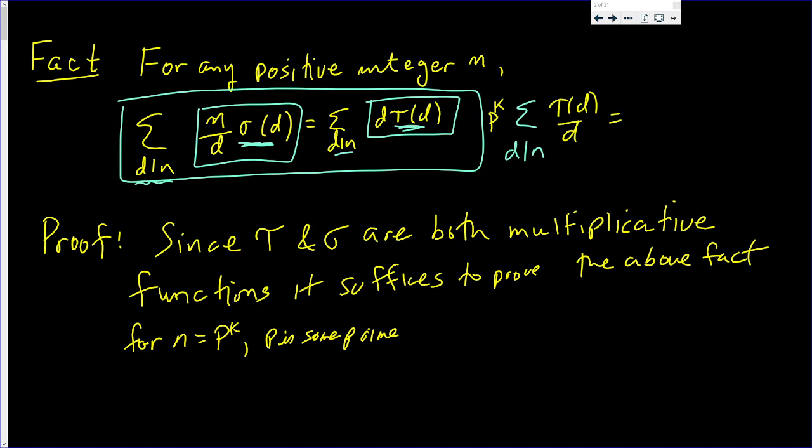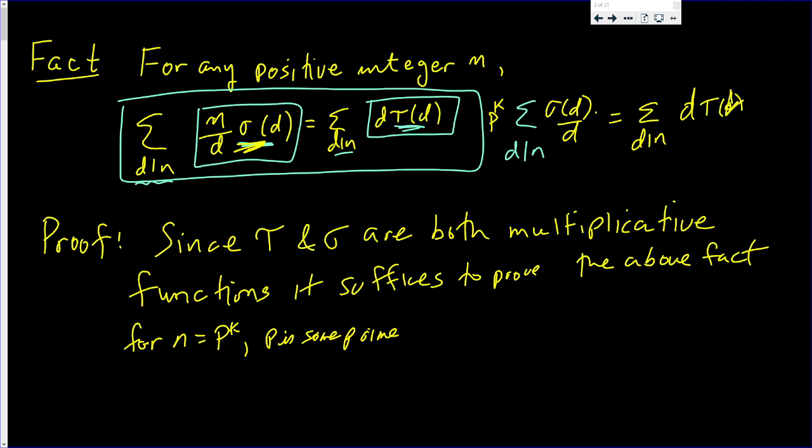And this is going to equal the summation of d times, that should be sigma, I apologize, it always was sigma. Says so right here, sigma of d times tau of d.